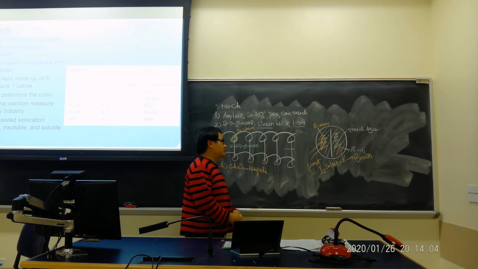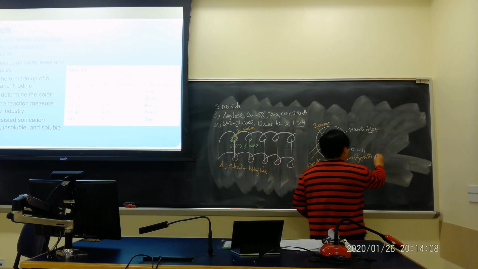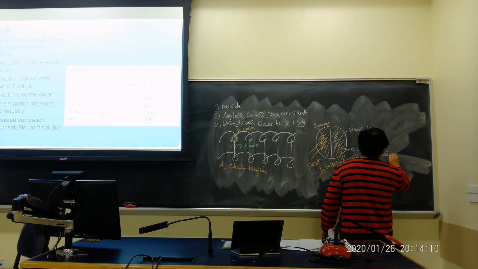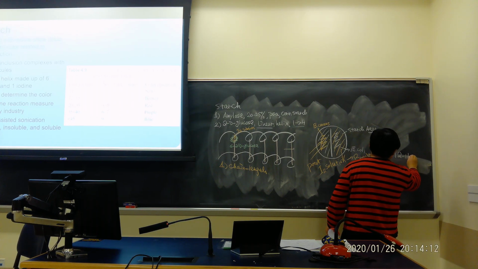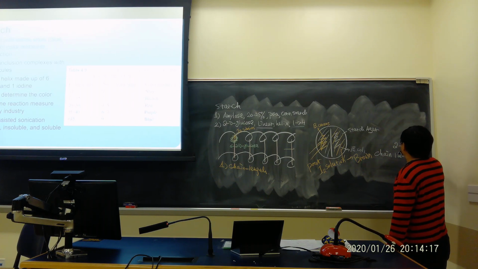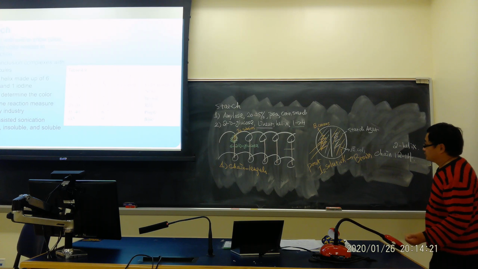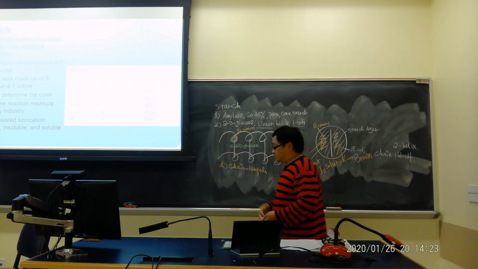So for example, when we see the starch agar showing brownish color, this chain is approximately 12 to 14 units, and with 2 helix twists possible. Okay? So the chain length is important.